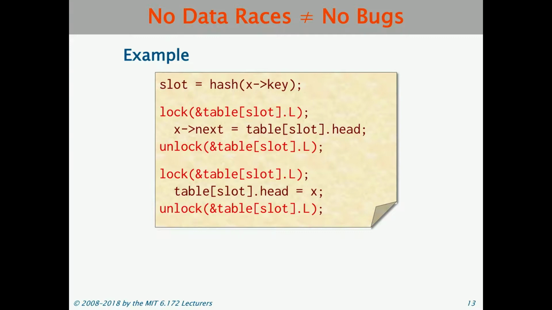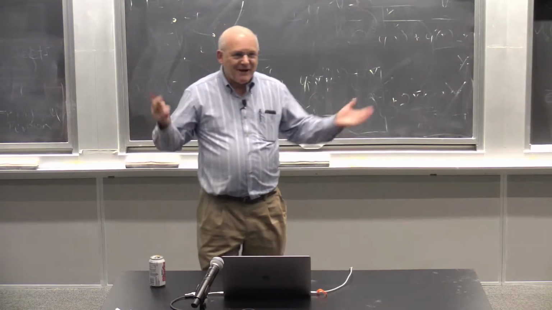So I haven't prevented the atomicity violation. Right now I've got an atomicity violation, but I have no data races, because I never have two things accessing at the same time; it is protected by the lock. But it doesn't solve my atomicity.